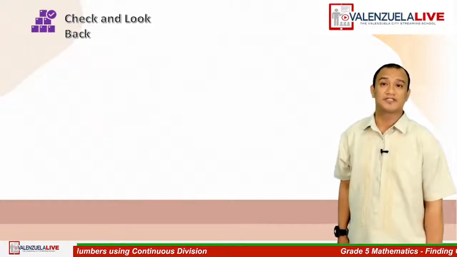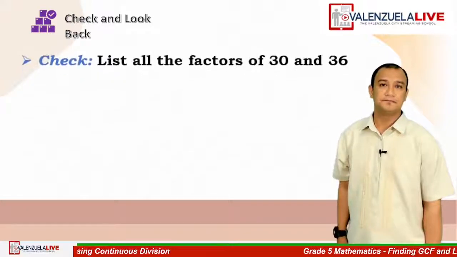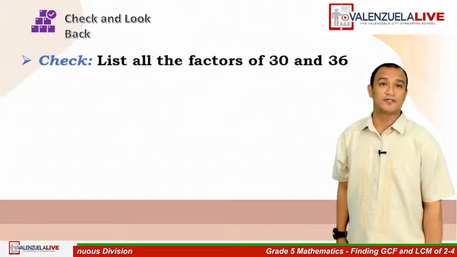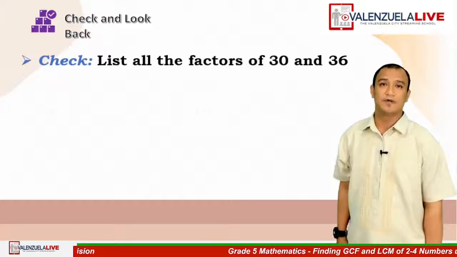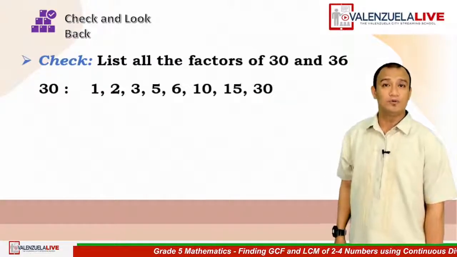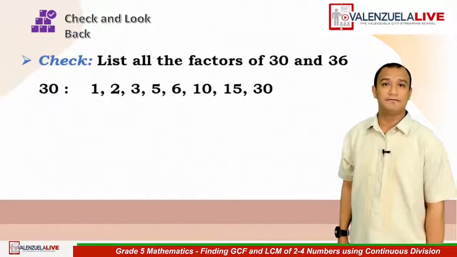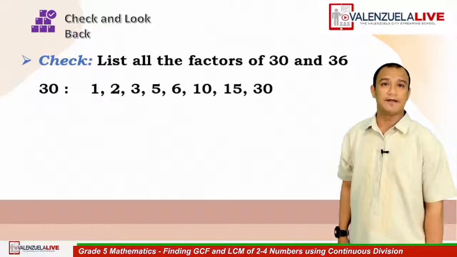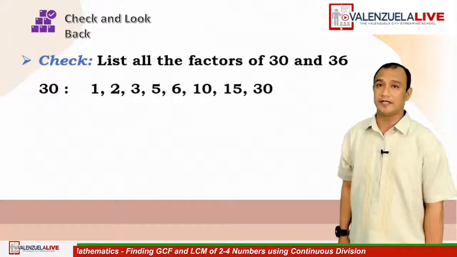Now, for our checking, let us list all the factors of 30 and 36. For the factors of 30, we have 1, 2, 3, 5, 6, 10, 15, and 30.